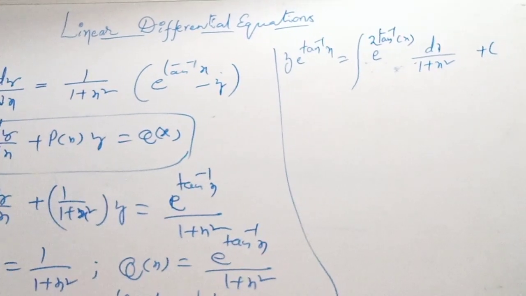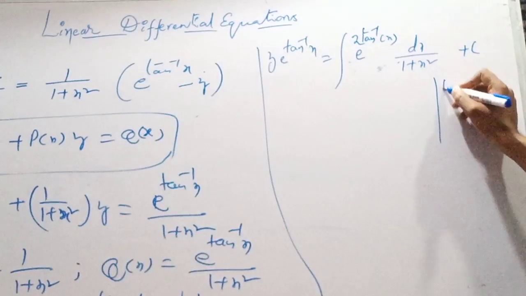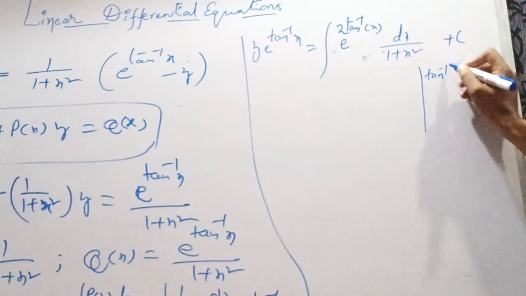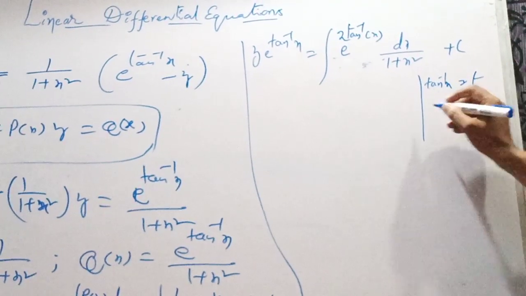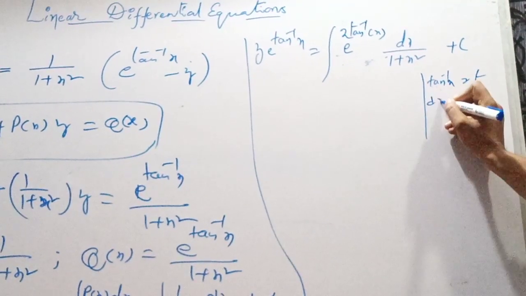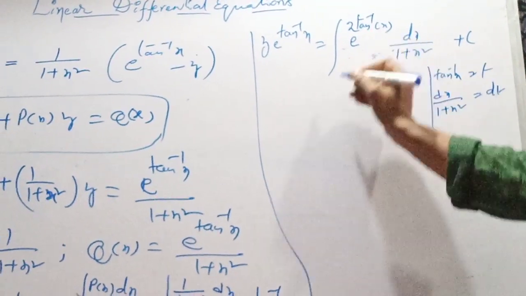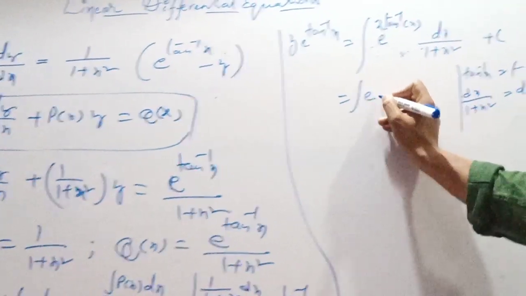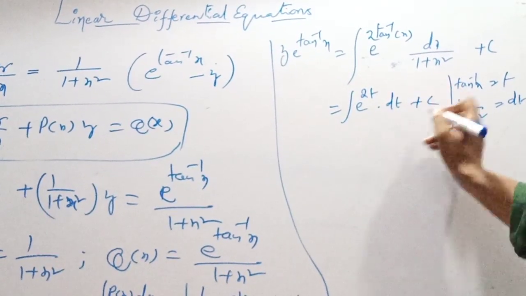Just take tan⁻¹x = t. Taking the derivative on both sides, dx/(1+x²) = dt. So this is equal to the integral of e^(2t) dt plus constant c.